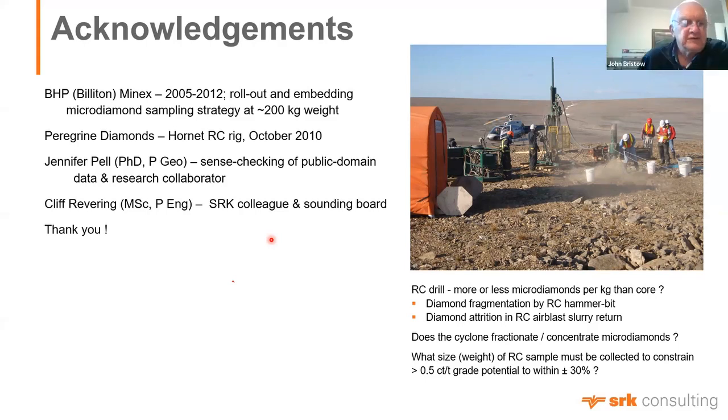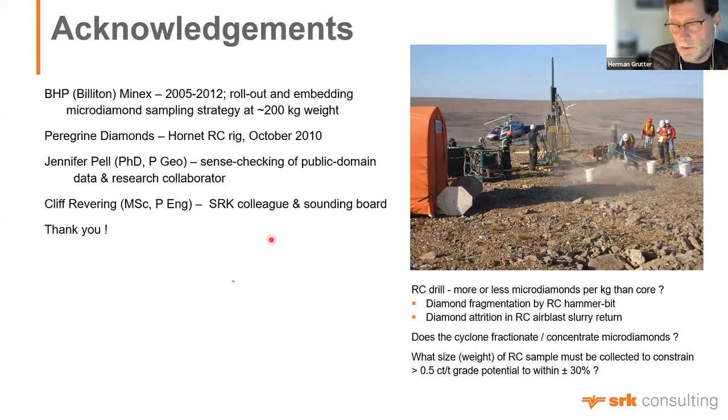Microdiamonds is not that easy to give a program-wide cost because every sample is slightly different. But on a core drilling program, a 200 kilogram microdiamond sample is 50 meters of NQ core, and it may be distributed across a much larger interval that you've drilled, but it's 50 meters of NQ core.